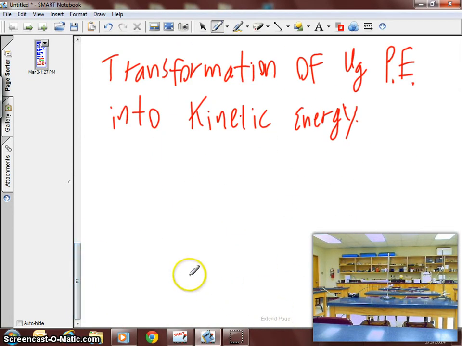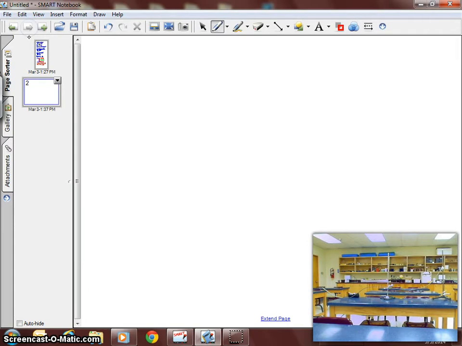In the second demonstration, we have a roller coaster, and the roller coaster will start up from the left, make a slight dip, go over, back, and back up. A golf ball will be rolled on this roller coaster.